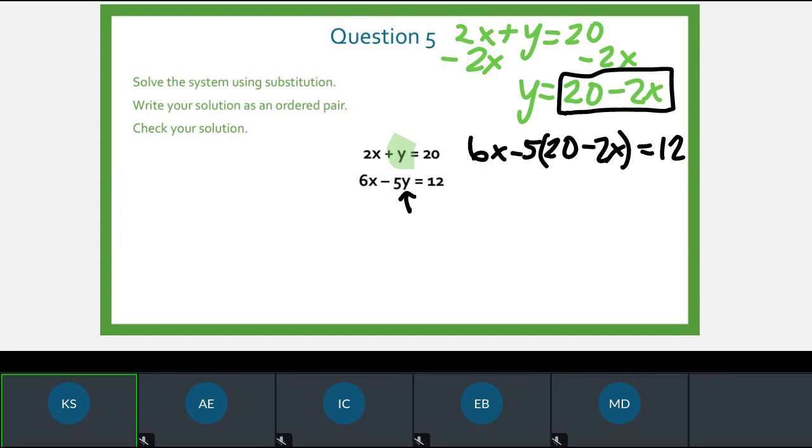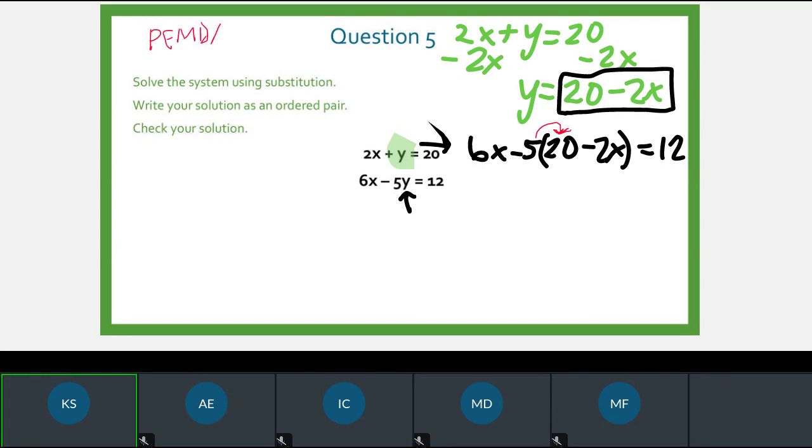So once we get to this step here, where we plugged in, we are multiplying negative 5 times 20 because this is where we have to distribute again. So we have to get rid of parentheses. That's order of operations. PEMDAS.